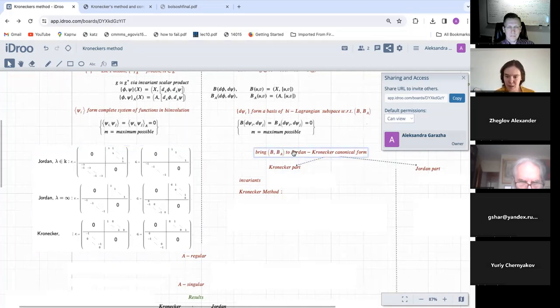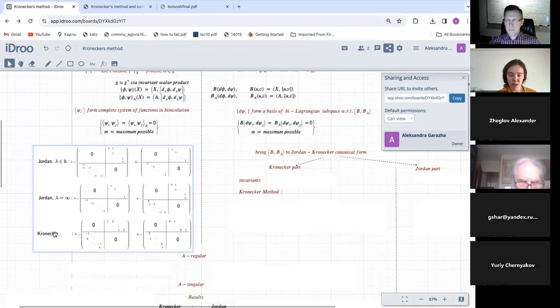This is the Jordan-Kronecker theorem, a result of pure linear algebra, and it says that if we have two skew-symmetric bilinear forms, then we can find a basis so that these two forms simultaneously will be presented in such a way where we have two different types of blocks, Jordan blocks and Kronecker blocks.